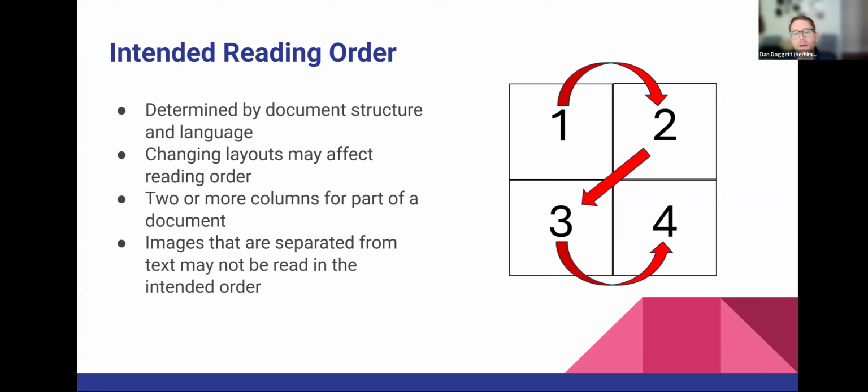For example, if you have 2 or more columns as part of a document, a screen reader might read the first line of column 1, and then the first line of column 2, and then the second line of column 1. And so that information gets mixed up together. Same thing with images. Images that are visually separated from their associated text may not be read in that same order.